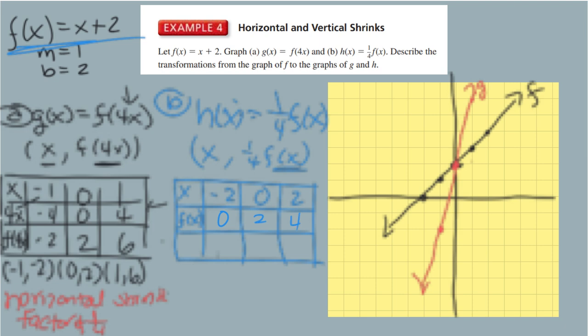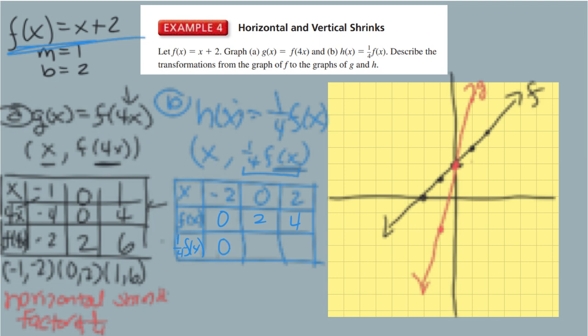And finally, we're going to apply the whole new transformation. So it's going to be 1/4 times 0, which gives me 0.